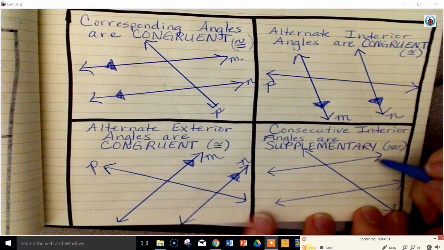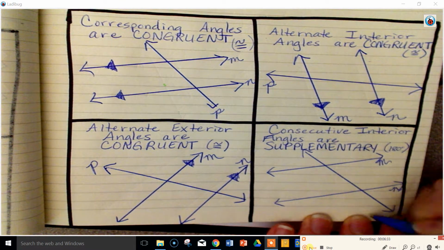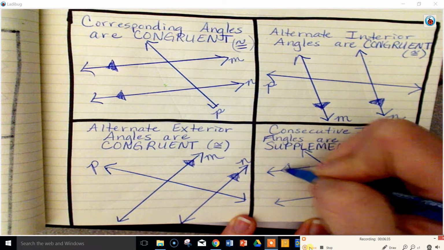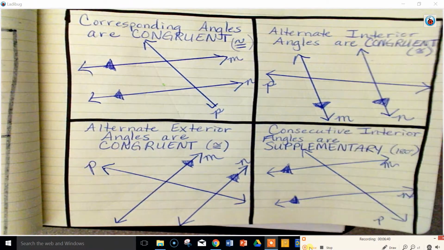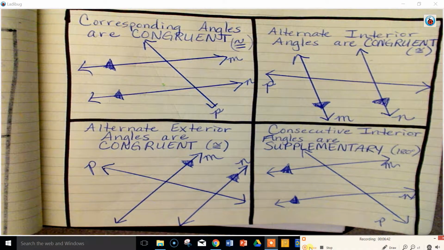Make sure you label every line with its name. And make sure you label the parallel lines. And then you want to go in and number all of the angles.